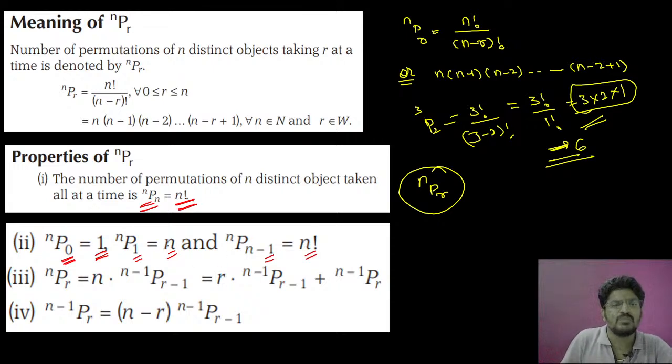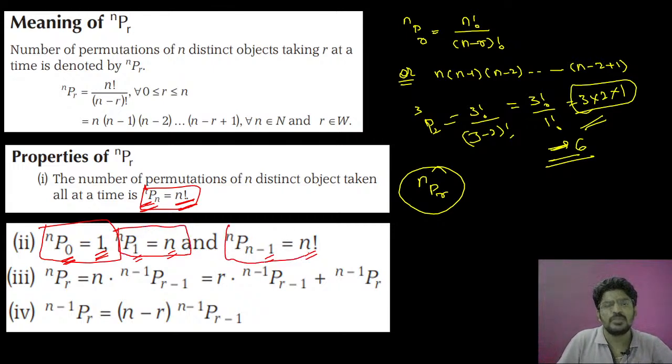So please remember these properties: nPn is going to be n factorial, nP0 is going to be 1, nP1 is going to be n, nP(n minus 1) is going to be n factorial.